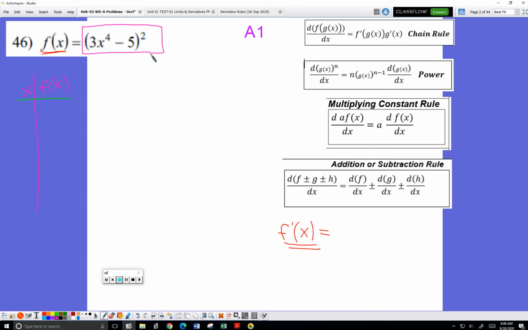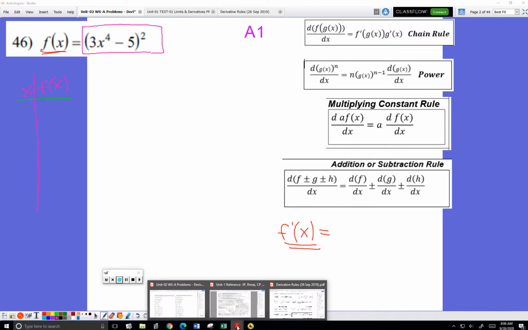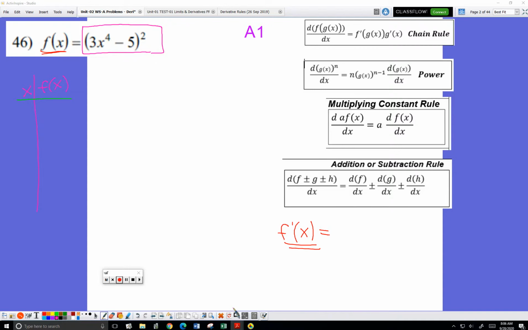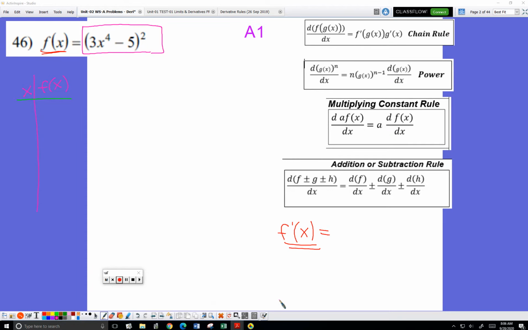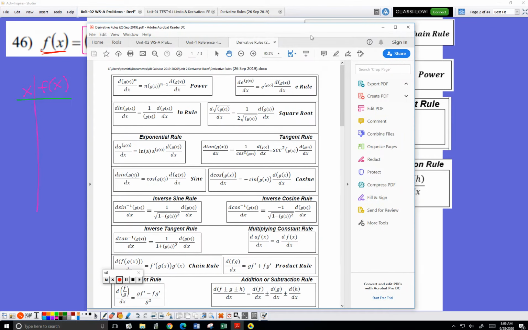So I look at my rule list, which is right here. Okay, so using the rules is really an exercise in identifying the type of function that we're dealing with. Here are the rules.